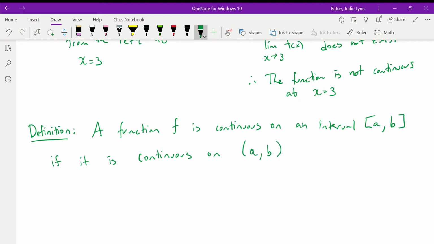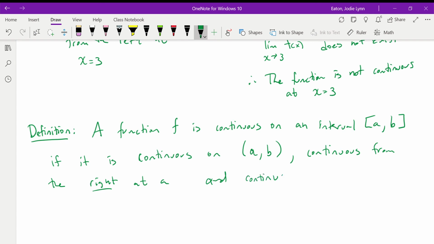So every point on the open interval, not including the two endpoints, has to be continuous. It must be continuous from the right at a, the starting endpoint, and continuous from the left at b.